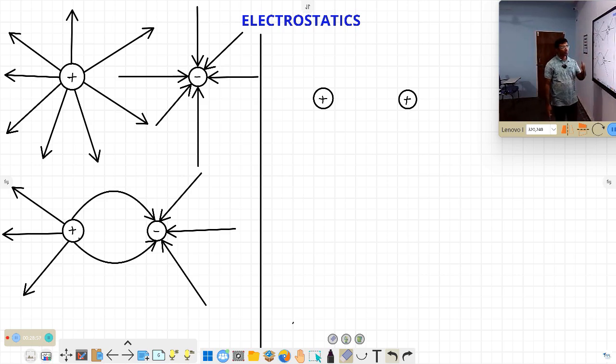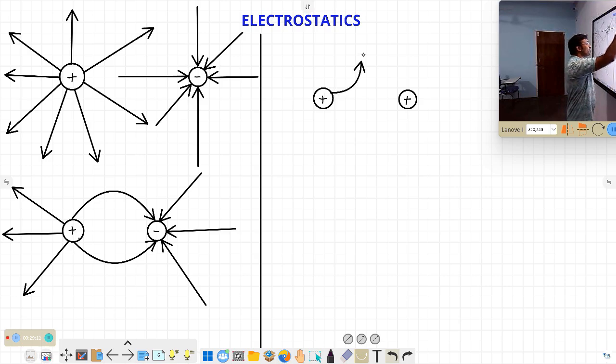Suppose in the case of 2 positive charges, what way will the electric lines of force be? In the case of 2 charges, if you come near, these electric lines repel each other. That means the electric lines of force will be repelled like this.